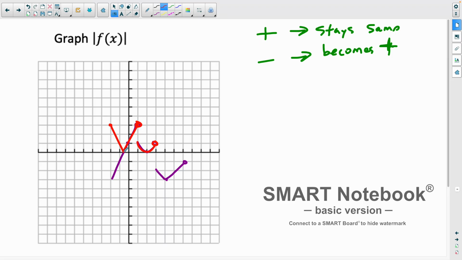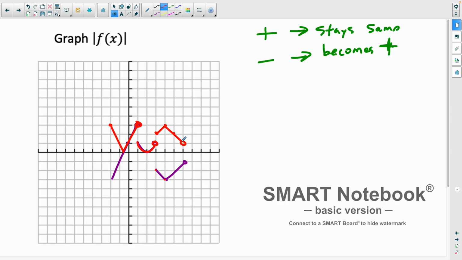This right here, this -3 would become a +3. This -2 would become a +2. This -1 becomes a +1, and I have that graph there. Okay? Now the weird thing about this is some of it looks reflected, correct?